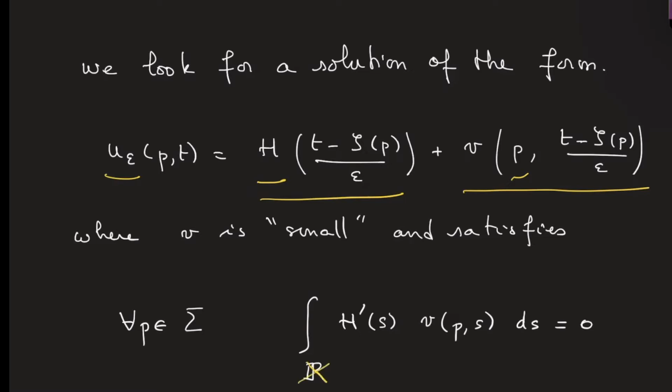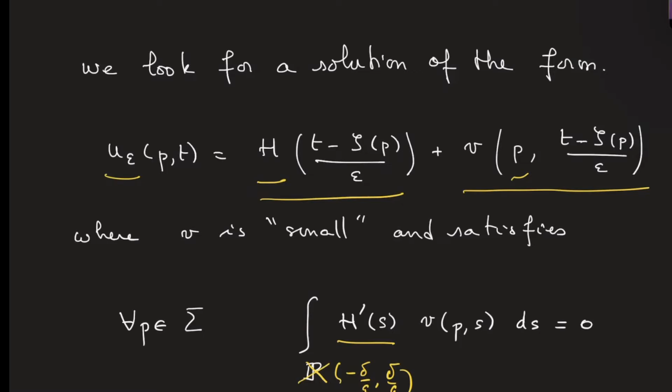You should not integrate over r, but you should integrate over minus delta over epsilon, delta over epsilon. Since epsilon will be very small, minus delta over epsilon, delta over epsilon will cover almost all of r. And you can check that the derivative of h decays exponentially fast. So this was a small mistake, but not that much.